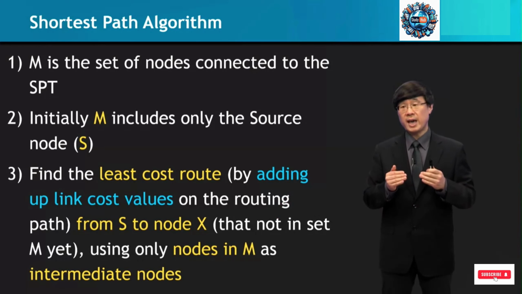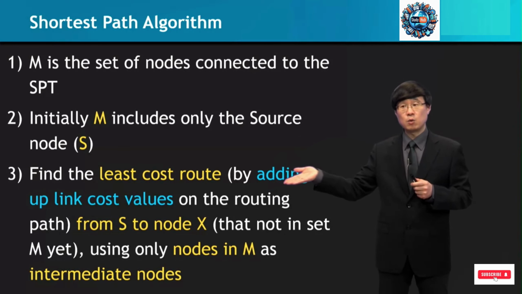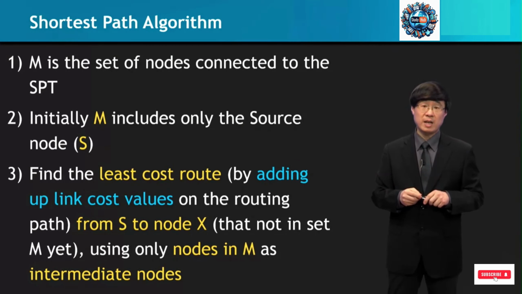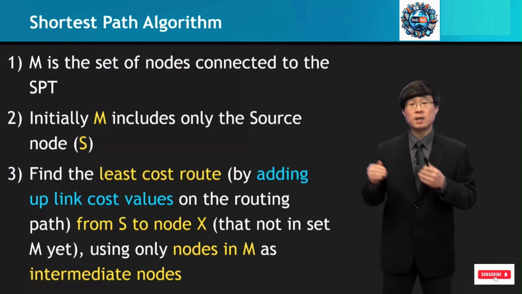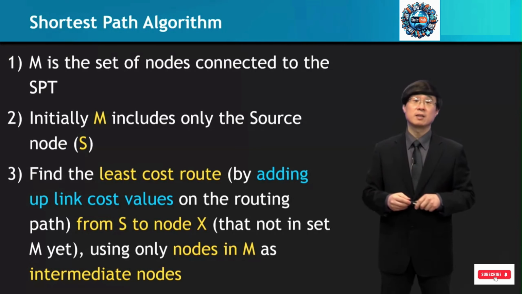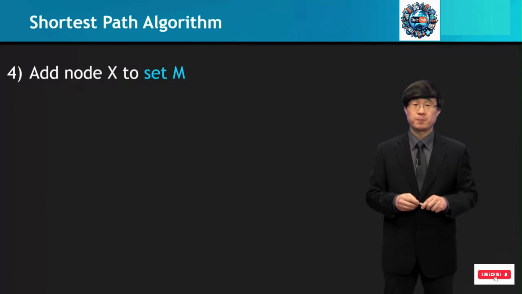And when we calculate the link cost value to a certain node, I will be adding up the link cost values following a path that is already selected using the nodes that are in set M. And I'll show you an example to clarify this.